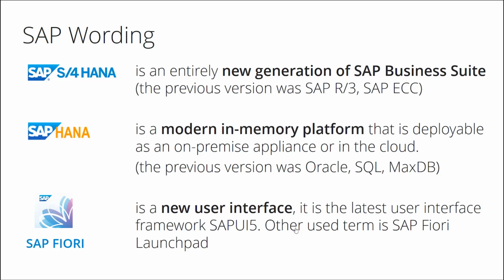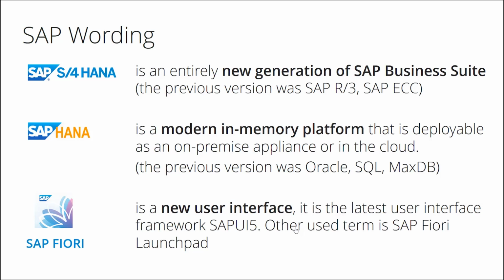So when we are speaking about test automation for SAP Fiori, we mean that we are testing S/4HANA. Very often people are not clear with these terms, so this is my explanation of these three modern words in the SAP world today.